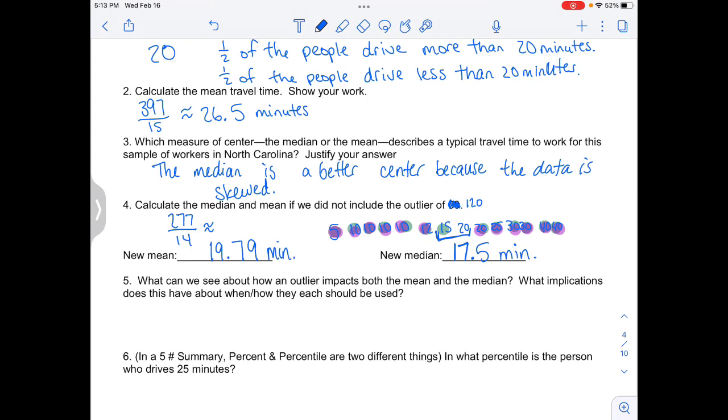So ask, what can we see about how an outlier impacts both the mean and the median? What implications does this have about how they should be used? So we're going to write this out. The outlier shifts both the mean and the median. Depending on what the data set is, it could change even more than it did.